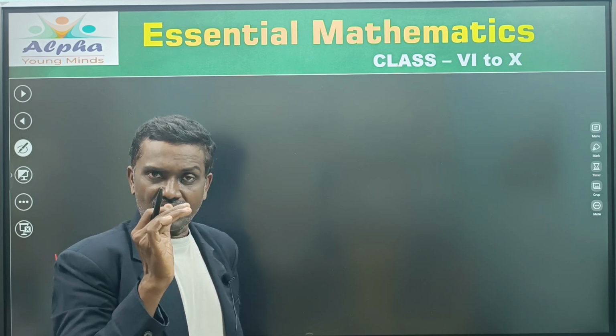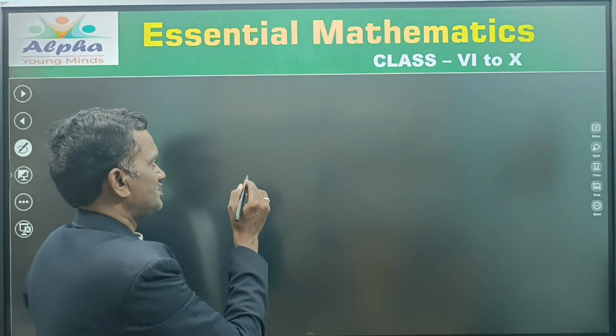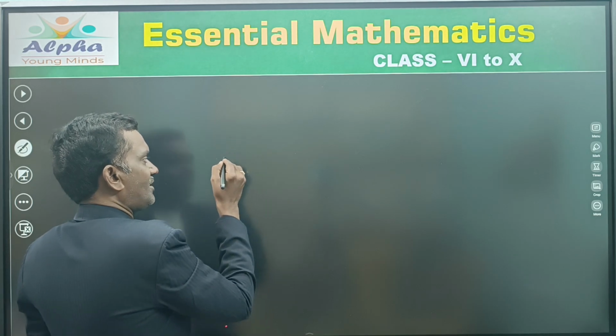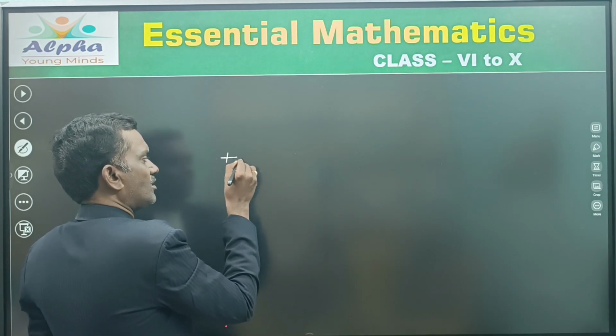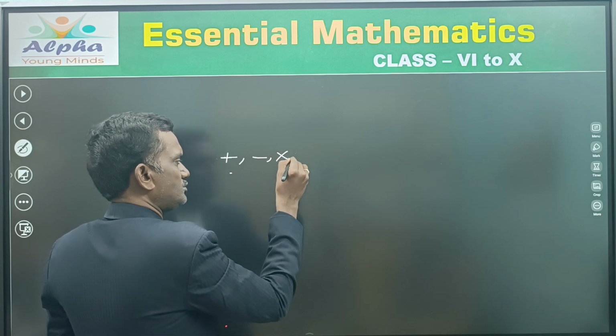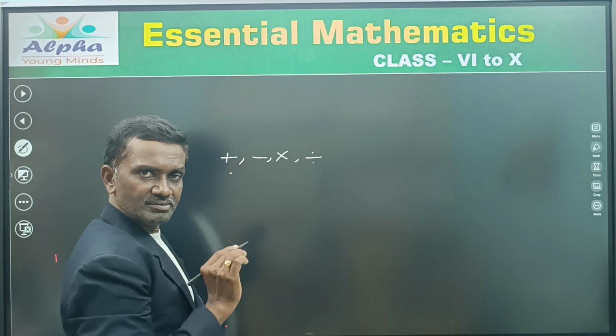Of course, they are round brackets or parentheses. First, we simplified expressions involving plus, minus, multiplication, and division. We have simplified, very nice.